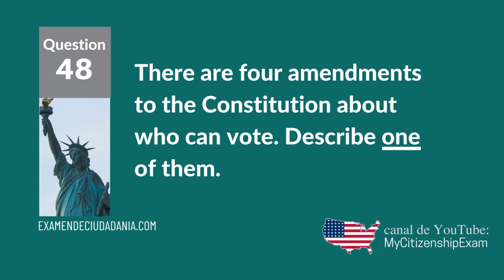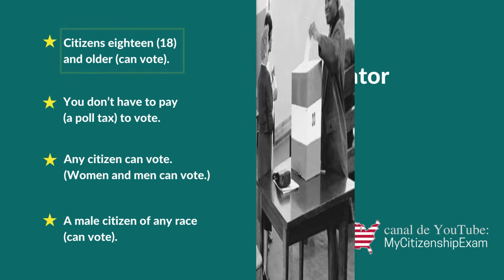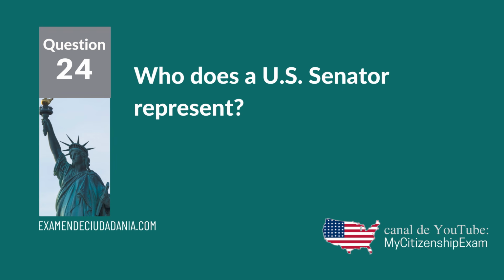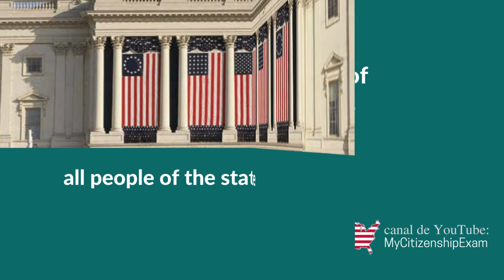There are 4 amendments to the Constitution about who can vote. Describe one of them. Citizens 18 and older can vote. Who does a U.S. Senator represent? All people of the state.